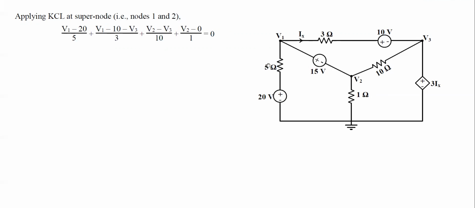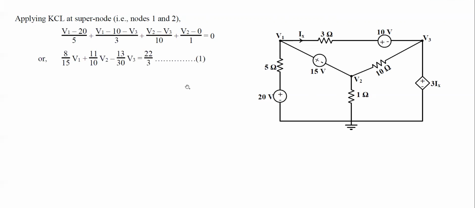The other is (V1 minus V3 minus 10) divided by 3. For this branch, (V1 minus V3) divided by 10. And (V1 minus 0) divided by 1, for this branch. In this way, KCL has been applied at the super node consisting of node 1 and node 2. After simplification, we can get equation 1.